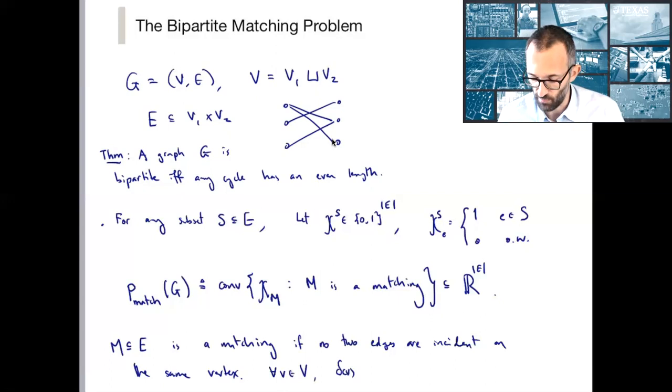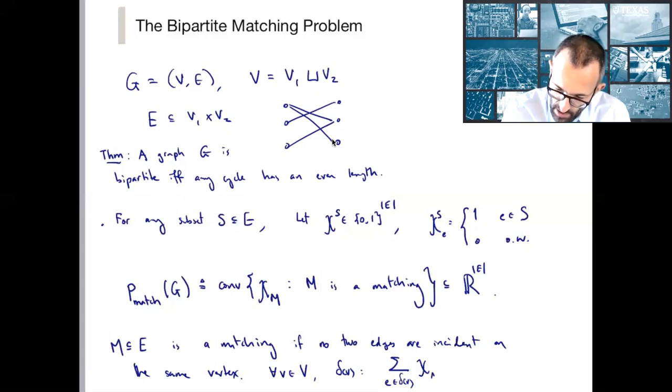We've used this notation before. And therefore, what do I need? The sum over all edges in delta of v of chi, oops, I've switched my notation here with subscript and superscript. I apologize for that. That should be M.